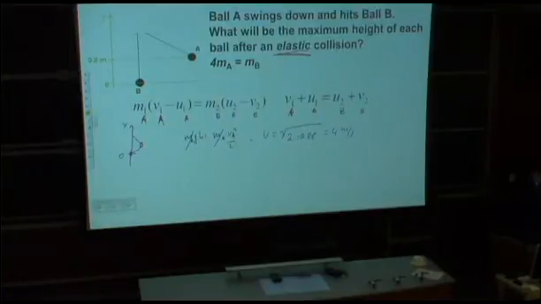So now the most important part of this problem is the collision. That's our current topic. This picture shows the situation before the collision. VB equals 0, and VA equals -4.